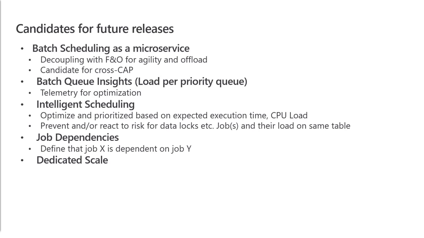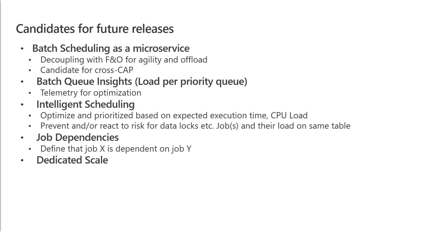It is a unique thing so that customers are aware of how their batch load is performing, as well as ensure that they don't overburden the system if there is already a high load on the batch queue.